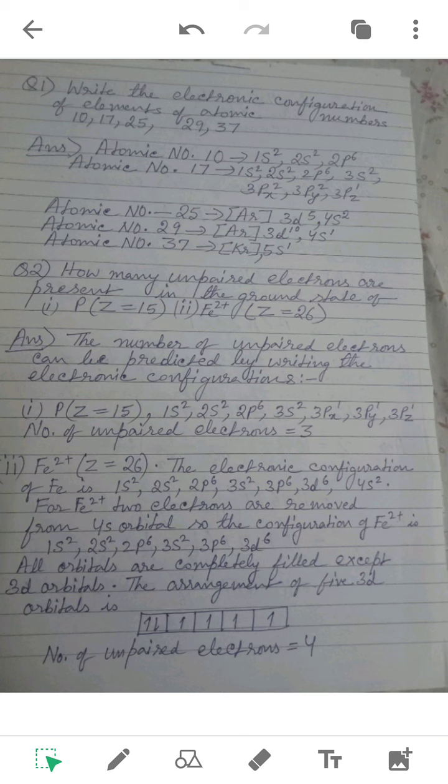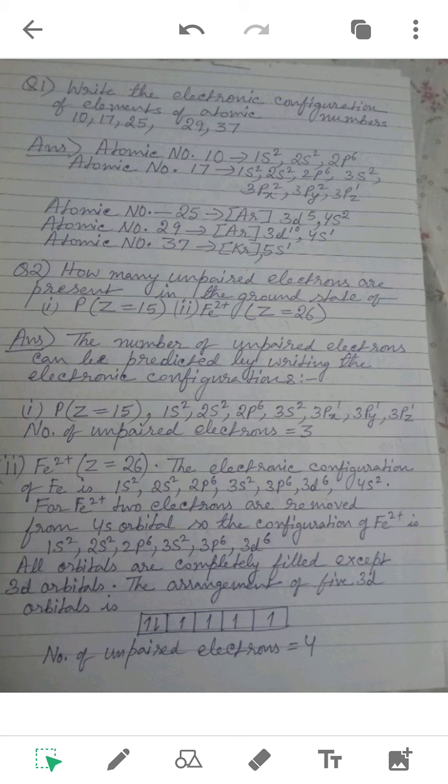So 1 extra electron goes to the d orbital, and the s orbital has 4s1. 4s1 means it is half filled and 3d10 means it is completely filled, so it is a much more stable configuration compared to 4s2 and 3d9. Next one is 37: first krypton and then 5s1. So this is all about question number 1.